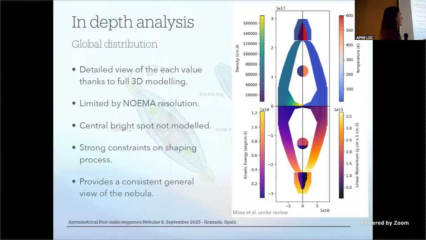Here we have the density, temperature, kinetic energy, and linear momentum for each part of the nebulae. So the main point is that with this method, we can get a very detailed view of each of these values thanks to the 3D modeling.